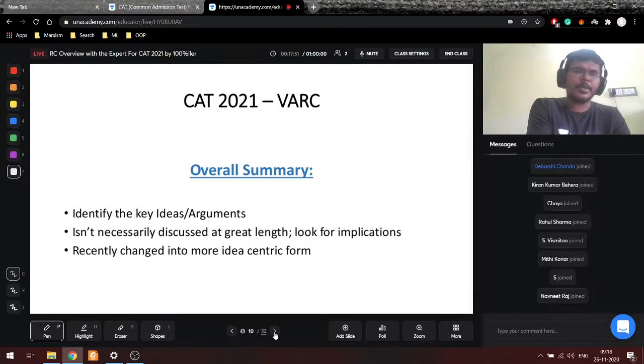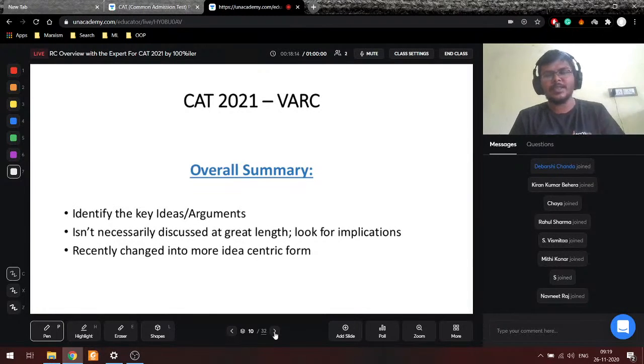So, overall summary: again, you have to identify the key ideas and arguments throughout the passage. You do not need to go into finer details for overall summary questions. There might be cases where the overall argument of the passage is not discussed at great length.